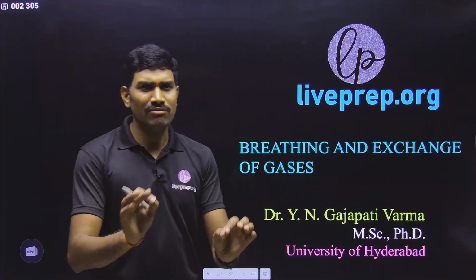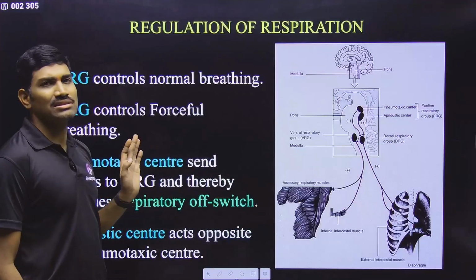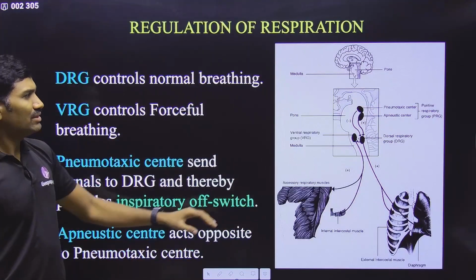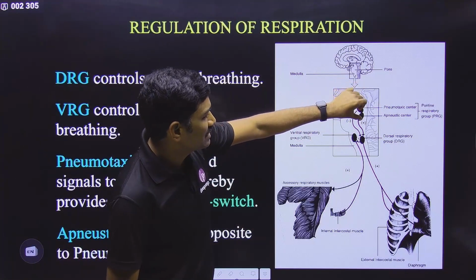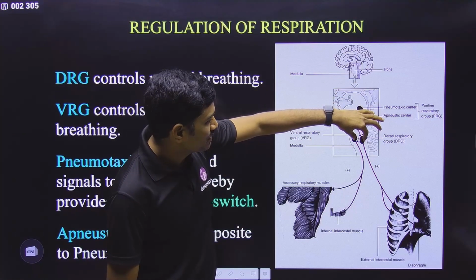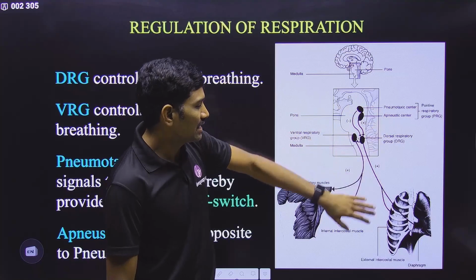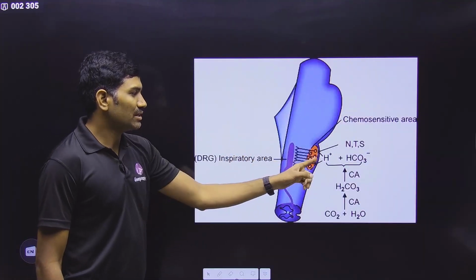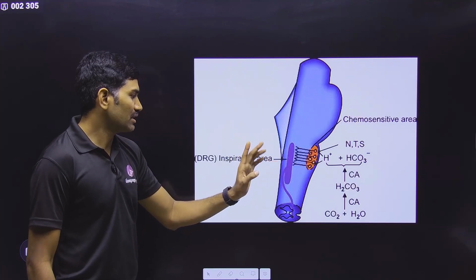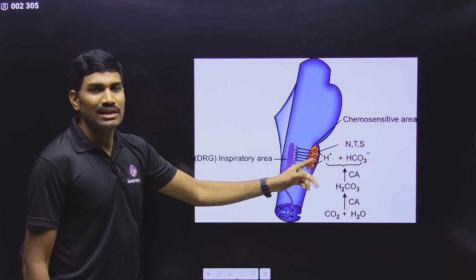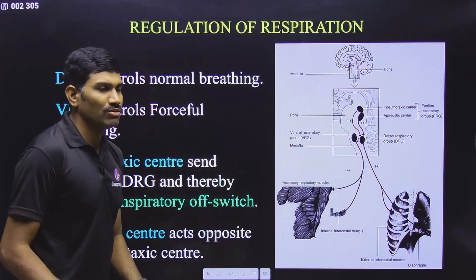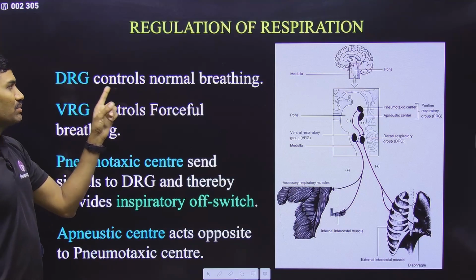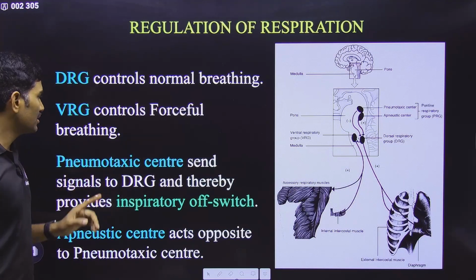The same thing in very simple terms they have given in the NCERT. Same points I have given here. This is the pneumotaxic center, apneustic center, dorsal respiratory group, ventral respiratory group. But in this diagram they have not mentioned the chemosensitive area. This is the chemosensitive area. This is the dorsal respiratory group. What is the overall function here? Dorsal respiratory group is involved in normal breathing control.